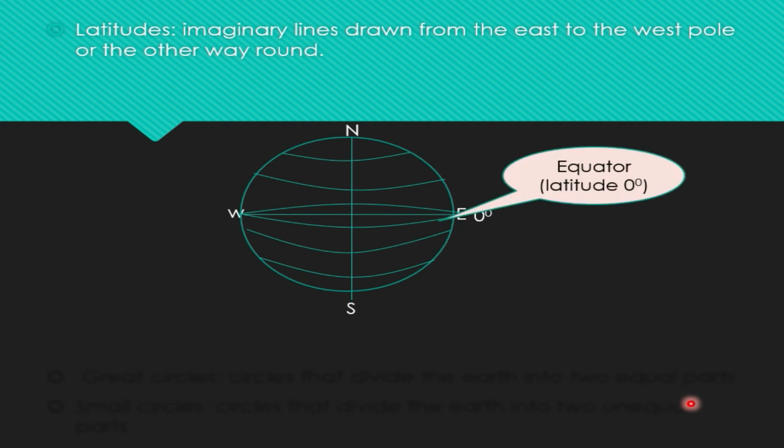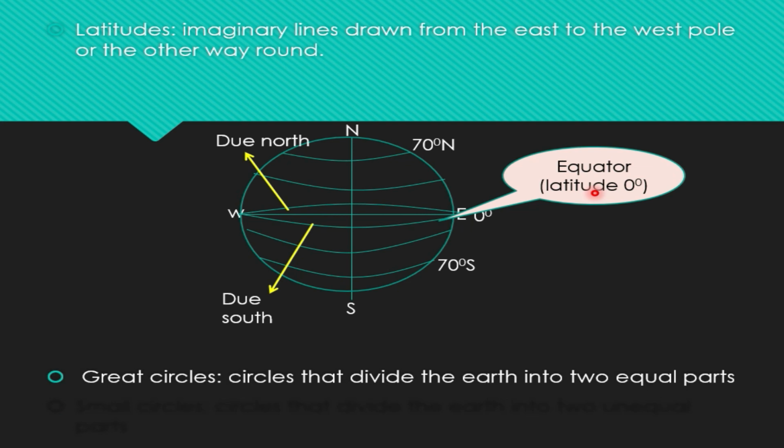Now not every latitude makes a great circle, so it means that we have only one great circle, which is the latitude 0 degrees. We have only one great latitude. So due north, for example, is 70 degrees north, and due south, for example, 70 degrees south. Okay. So if the question is saying that it is moving due 70 degrees due north, I'll draw it like this on the latitude.